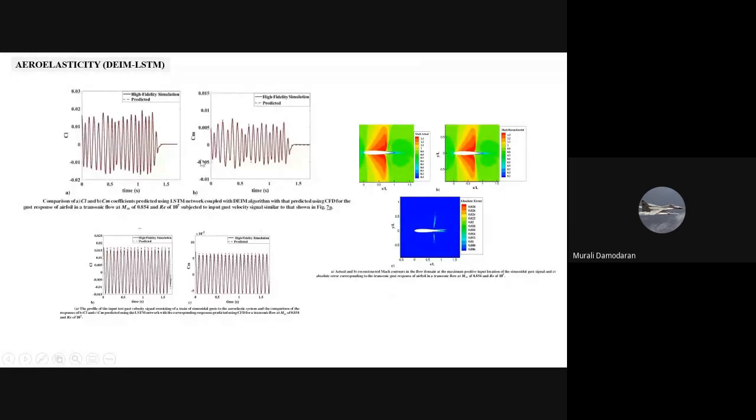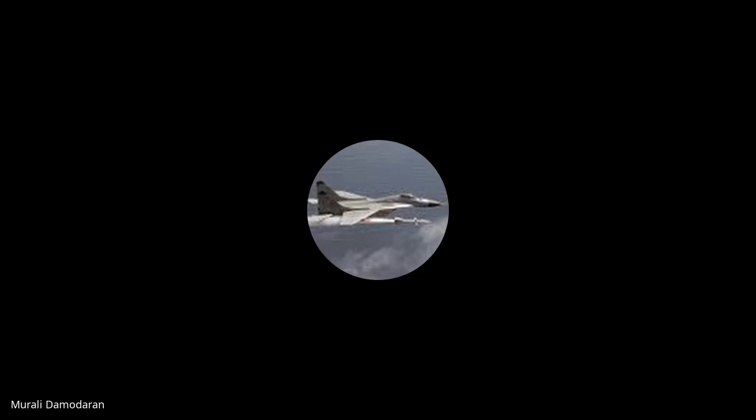If you use the LSTM approach for the nonlinear case, that is at high Mach number, you can see the prediction of the aerodynamics and moment, which was poorly predicted by the linear ROM. The nonlinear ROM coupled with the LSTM network does a pretty good job.